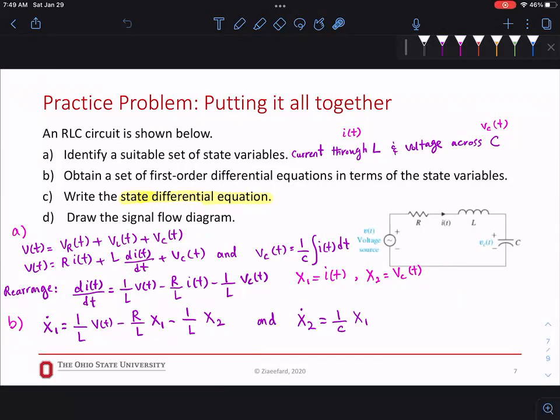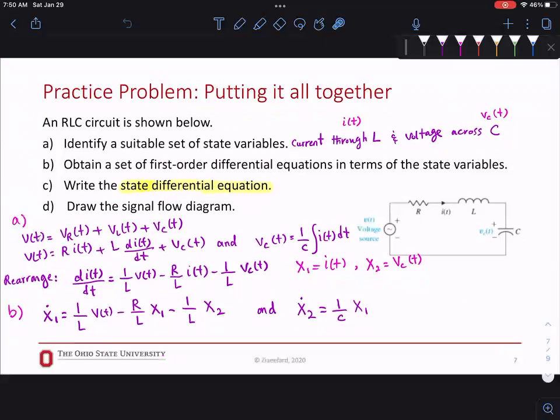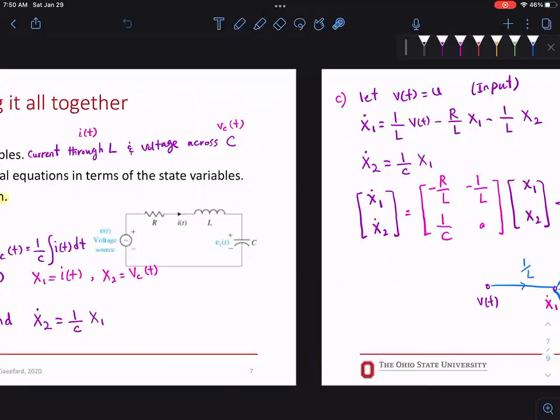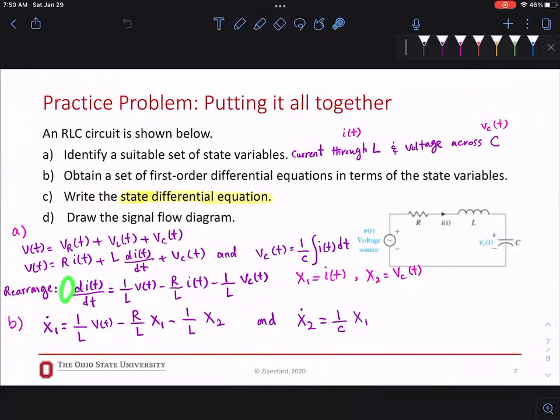Now, here we have two equations. One is this one and one is this one. Now we're going to convert them to the state representation. We're going to bring the states in there. So I'm going to rearrange because I know that I have to have X dot equal to AX plus BU, right? So I'm going to put it in this form. So dI/dt is X dot of 1, because X1 is I(t), equal to, so I divided all by L because I didn't want to have any coefficient here.